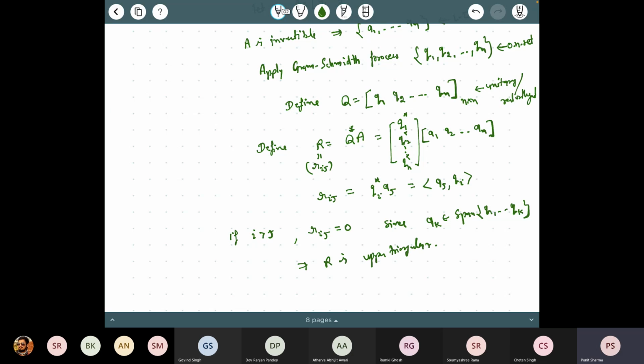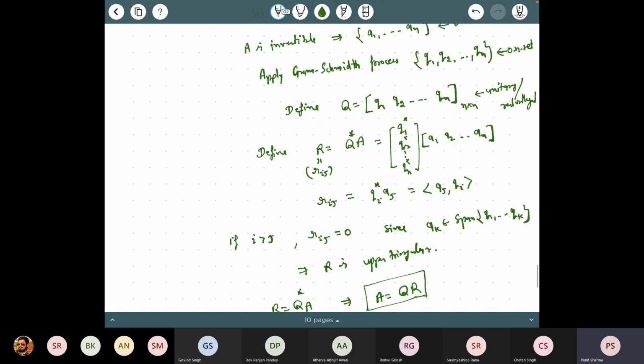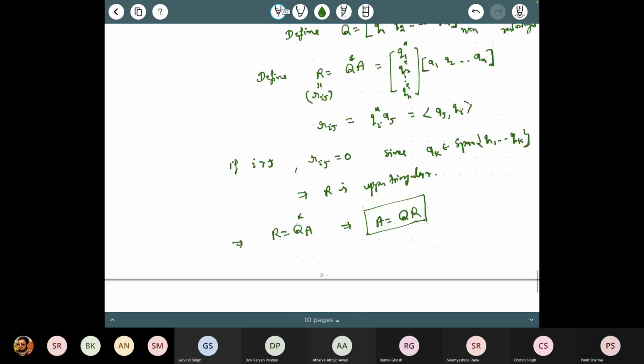So R equal to Q star A is upper triangular, or you can say A is equal to QR because Q is unitary or real orthogonal. So when A is invertible, we can always find the two factors Q and R.